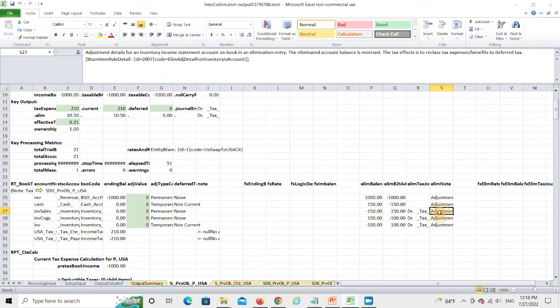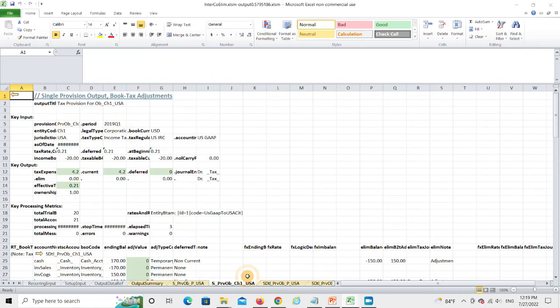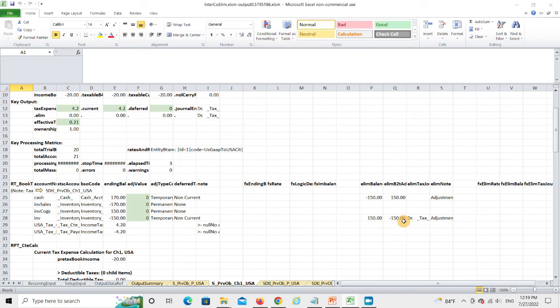And exactly what rule is applied is also indicated in the output file. And this is for the parent and for the child. It is over here in all the accounts, and book to tax adjustments for the elimination entries and the tax effects and the actual rule that's being applied.